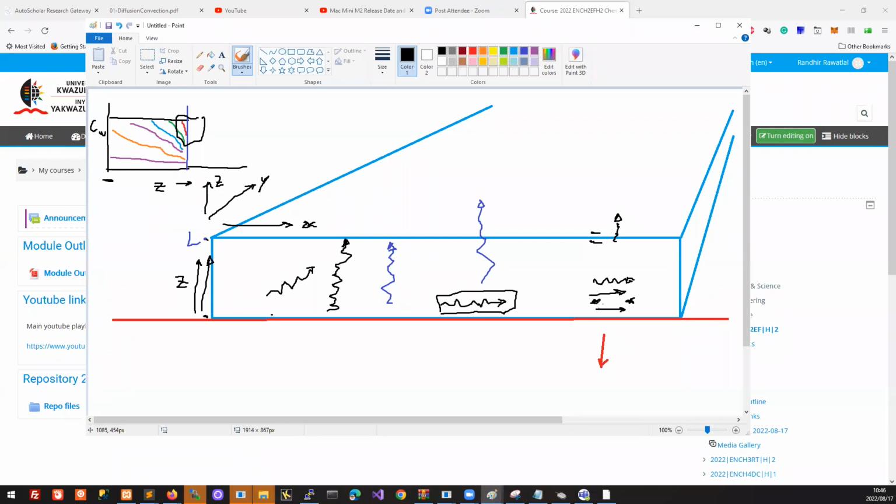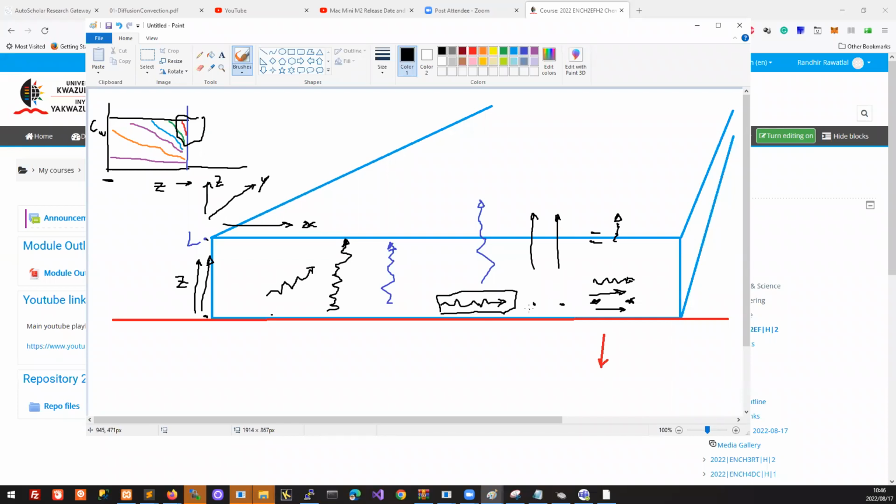As time goes on, the concentrations will change. So for example, at this position, maybe after 1 hour, maybe it's 80 here, then it will also be 80 there, because these 2 points are experiencing the same thing, right? Water is diffusing out in this direction. And so we are losing it in the same way on both sides.